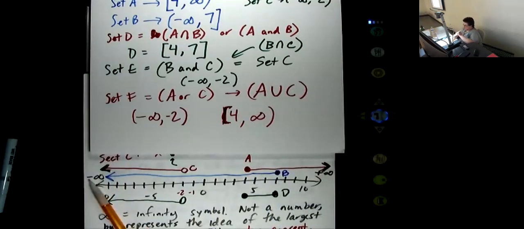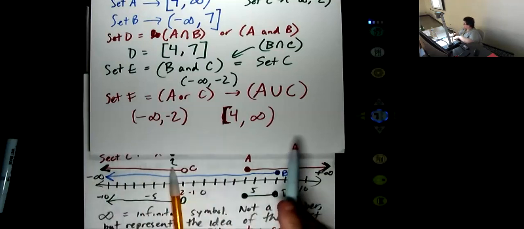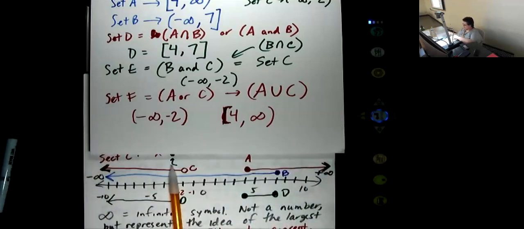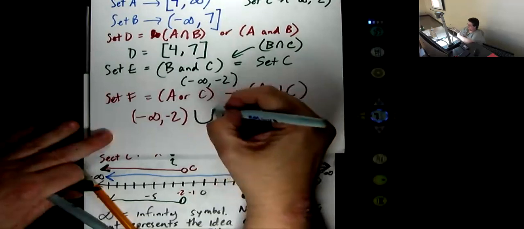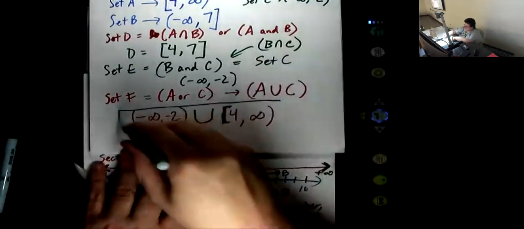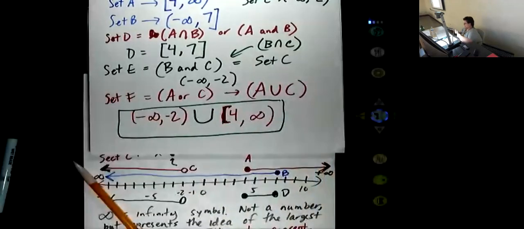If you just move the pencil left to right, you can write them down in the order you see them, which will keep the order correct. If you have more than two groups, what you have to do is say union here. So that would be interval notation for A or C.